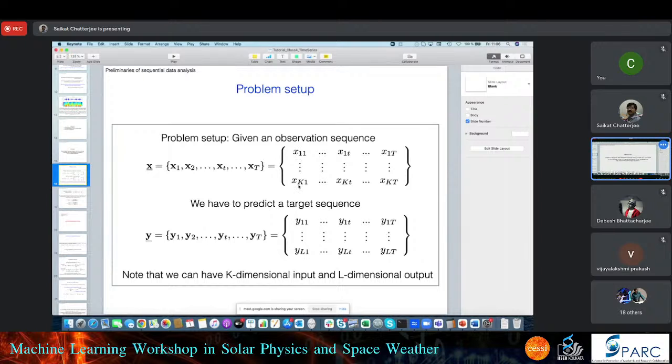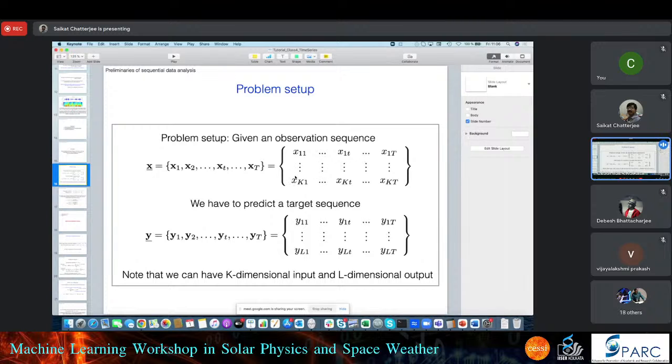And this x1 to xK can be, for example, pixels of an image. It can happen something else. For example, I can have the first dimension x1t, maybe temperature. Second dimension may be humidity. Third dimension may be euro values.